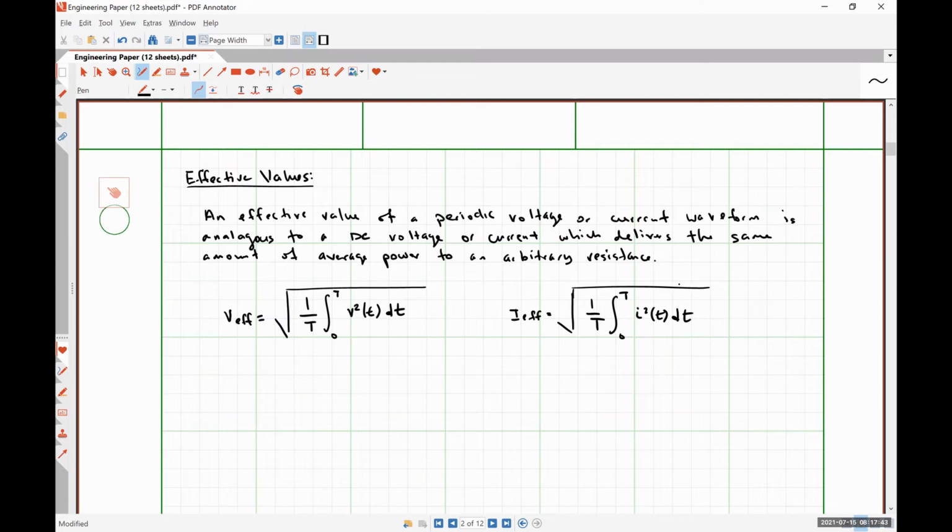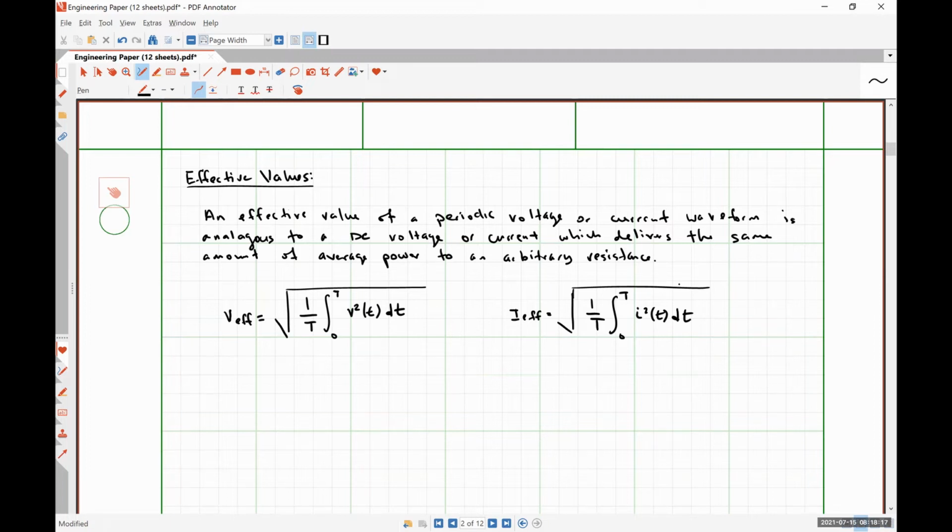These representations are commonly called RMS, or root mean squared quantities. And it's because we are taking the square root of the arithmetic mean of the square of the signal, right? So the mathematical operation involved here is we have our voltage waveform. We square it, because if we took the average value of a periodic waveform and we didn't square it, there's a distinct possibility that our answer would be 0, which would give us no actual information.